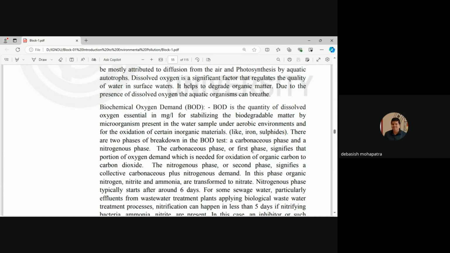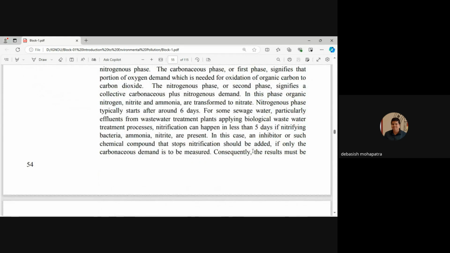For some sewage water, particularly effluent from wastewater treatment plants that apply biological wastewater treatment processes, nitrification can happen in less than 5 days. If nitrifying bacteria are present, an inhibitor, a chemical compound that stops nitrification, should be added.